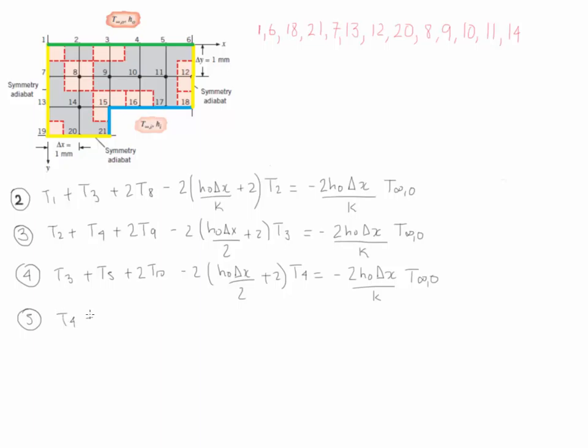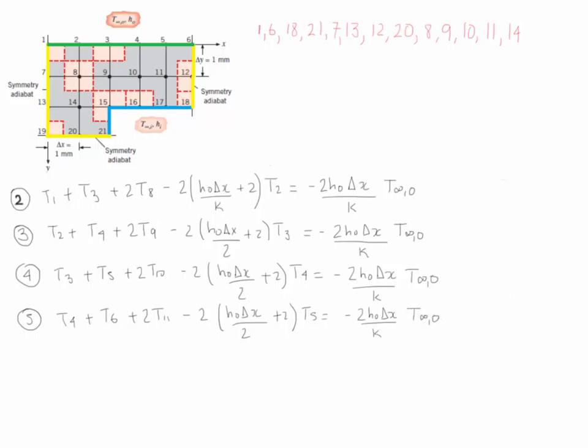So it's T4, T6, T11. And once again, this structure remains the same. Plus 2 T5 minus 2 HO delta X over K T infinity O.